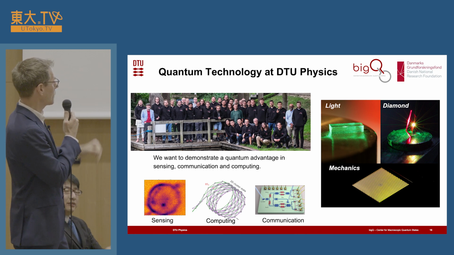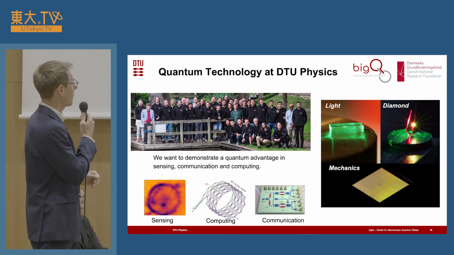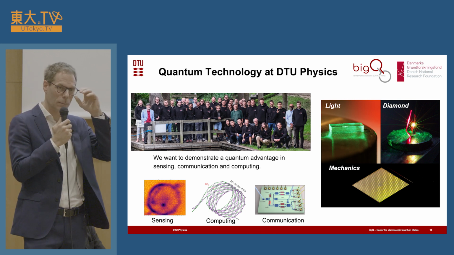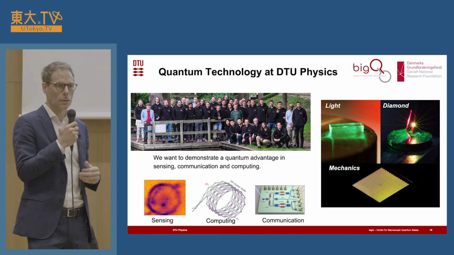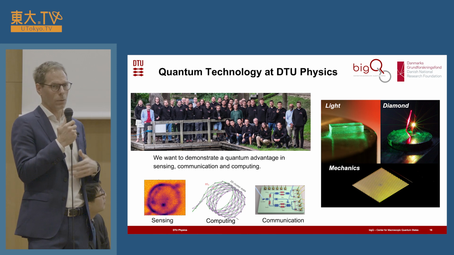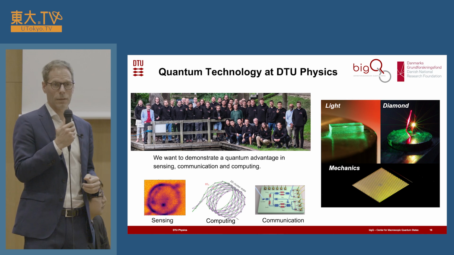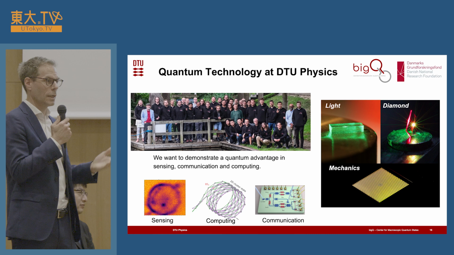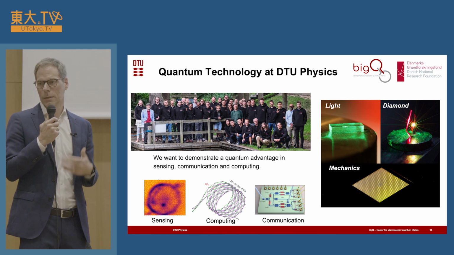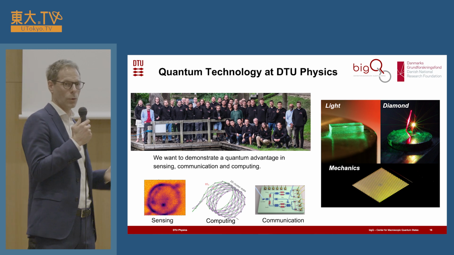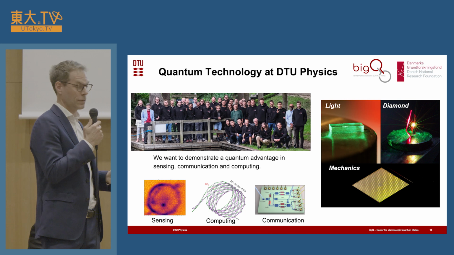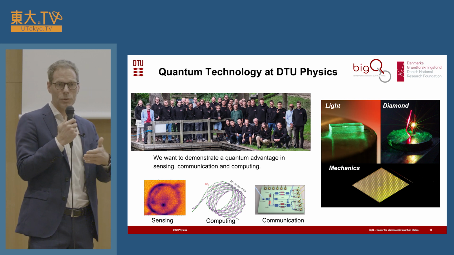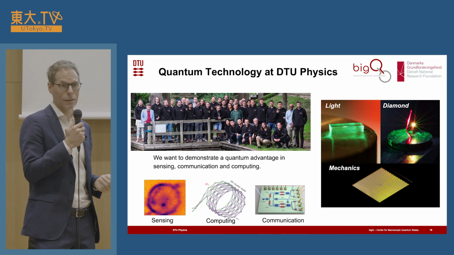Lastly, we also have a lot of activities on quantum communication. We use non-classical states of light, or a standard coherent state of light, for realizing quantum communication schemes, for example generating secret keys in a network. Here in Tokyo, you have already made a fantastic quantum key distribution network in the metropolitan area.